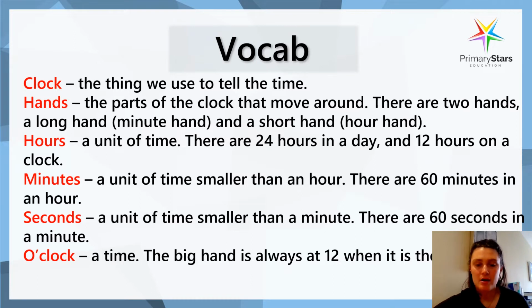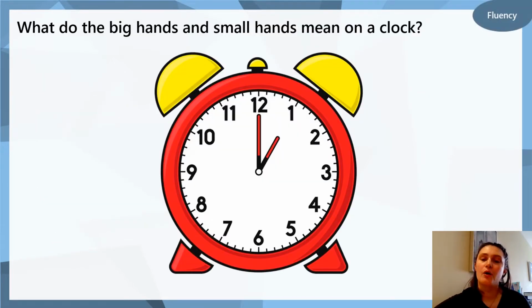When it's the o'clock, the big hand is always at 12. So every time that we look at today, the big hand is going to be at 12. So, who can remember, what do the big hands and the small hands mean on a clock?